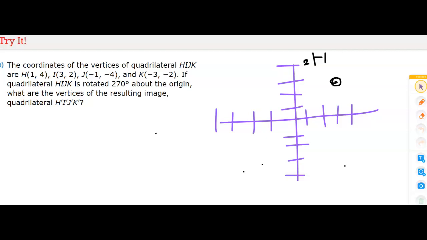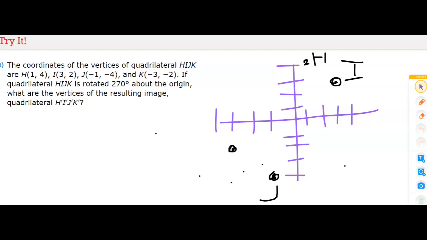Okay, so this is I. And then we have (-1, -4). That is J. And then we have (-3, -2), which is right here.